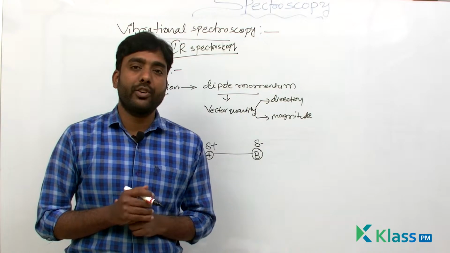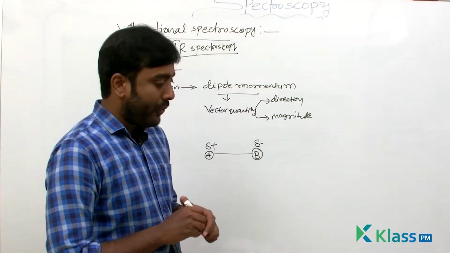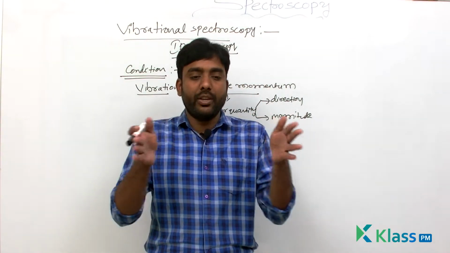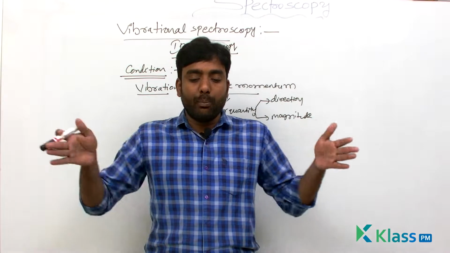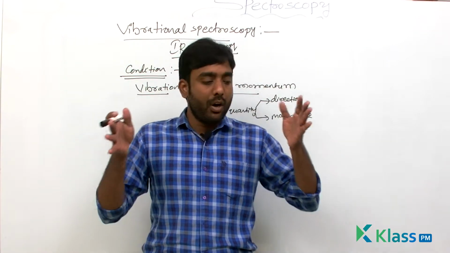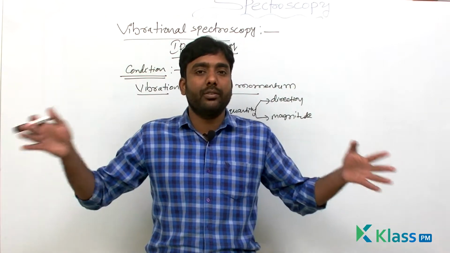Two types of vibration are possible, coupled vibration and decoupled vibration. Coupled vibration means the relative position of two atoms is changing. This is A, this is B, both are vibrating. This is called coupled vibration, so both atoms are relatively changing their positions.